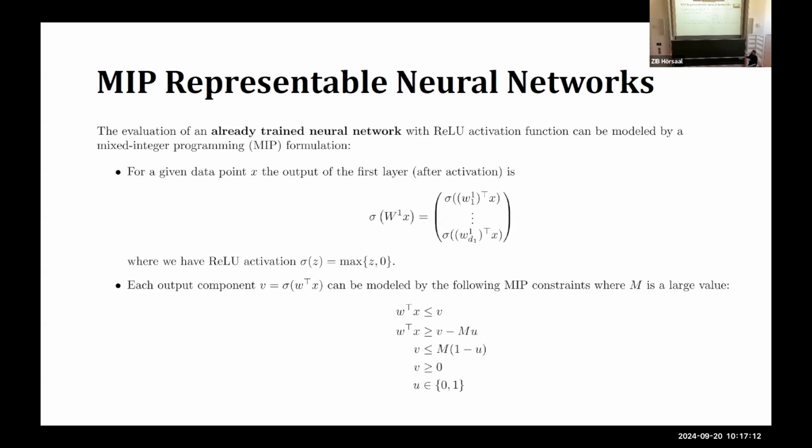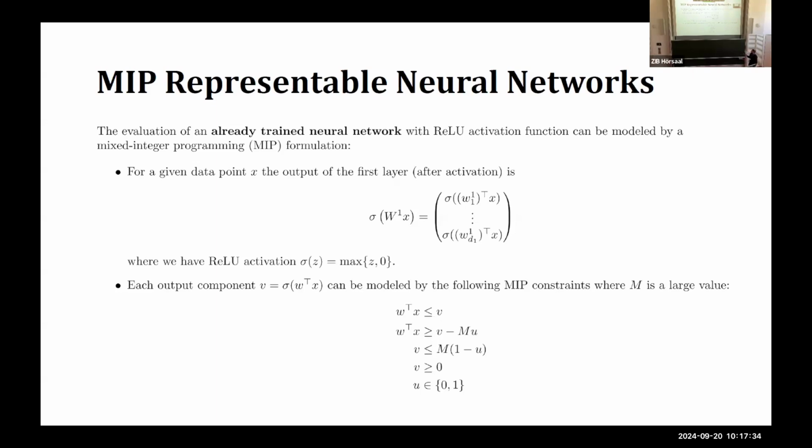So this means the V, the outcome, must be 0. That's exactly what happens when it's deactivated. And the other constraints are not violated, because in this case, what's coming in must be lower or equal to 0. That's when the ReLU is 0.